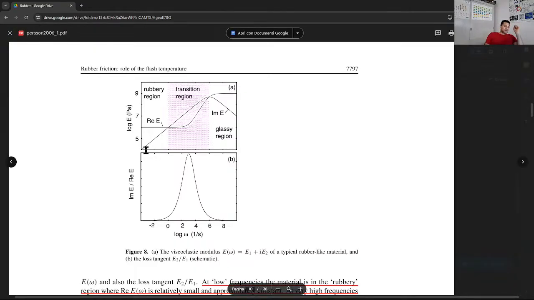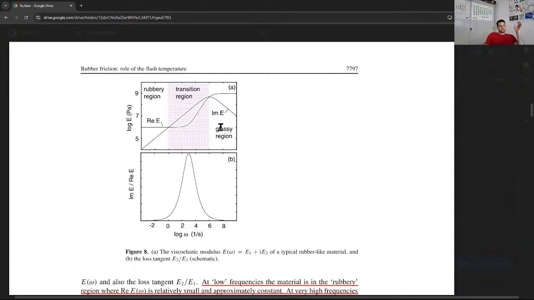The imaginary elastic modulus rises with the frequency, and at some point it reaches a peak in the beginning of the glassy region and decays.